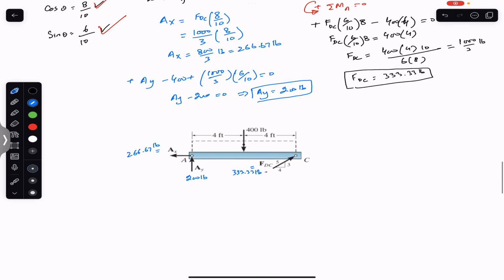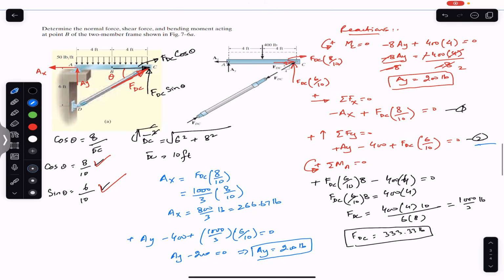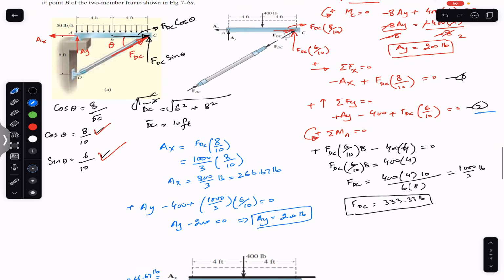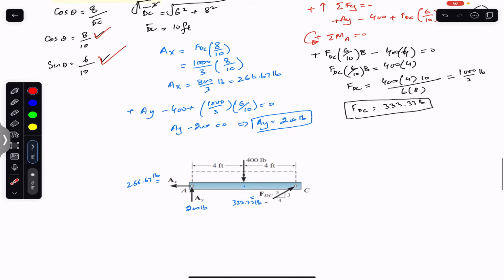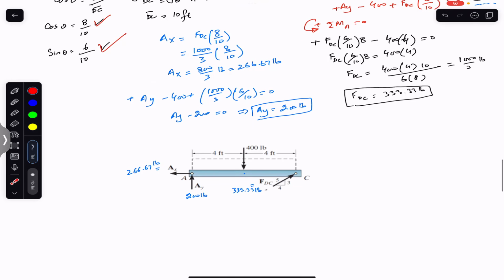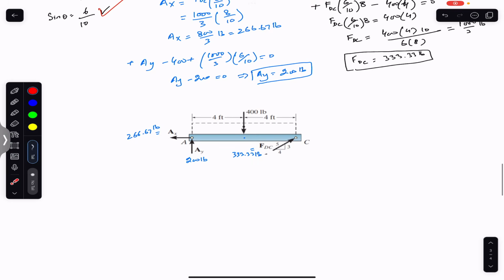Now in order to find the normal force, shear force and bending moment at this point B, at the midpoint of this AC member, we have to cut out a section. We have to consider a segment, since the normal force, shear force and bending moment are the internal forces. So we have to cut this AC member into two segments.